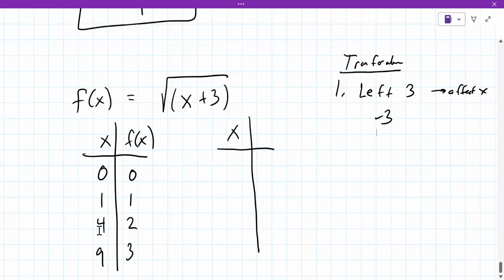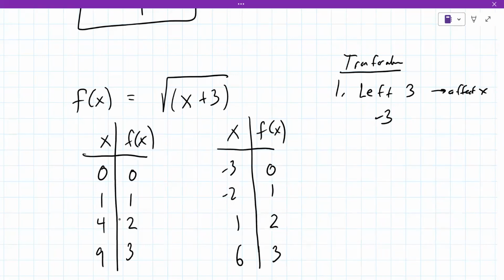So -3, -2, 1, 6. You're subtracting 3 from the x values only, and the y values stay the same. Is that clear? Yeah.